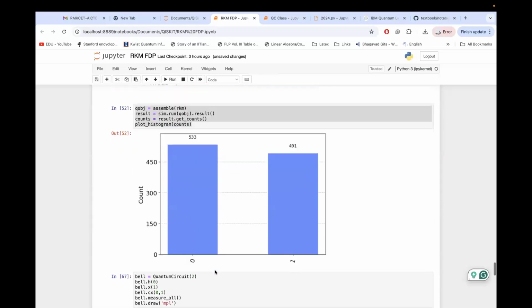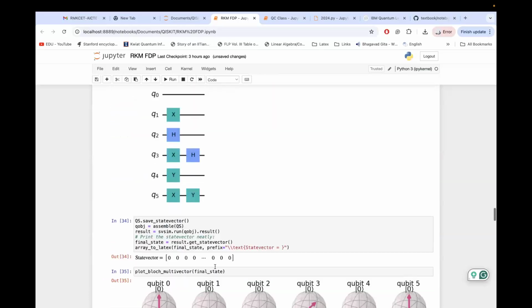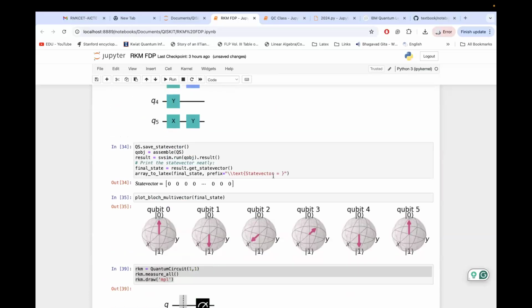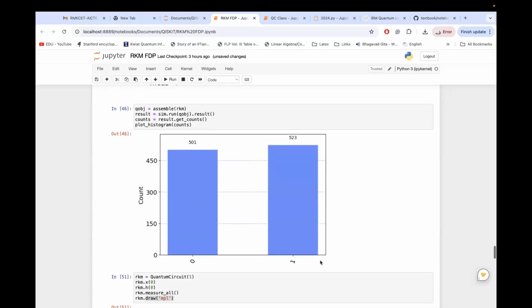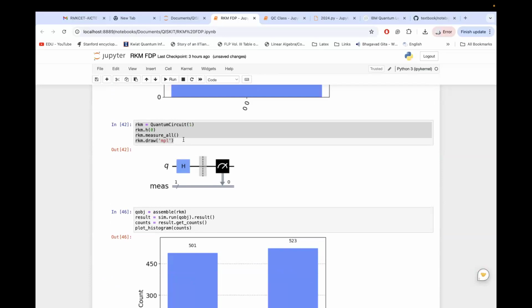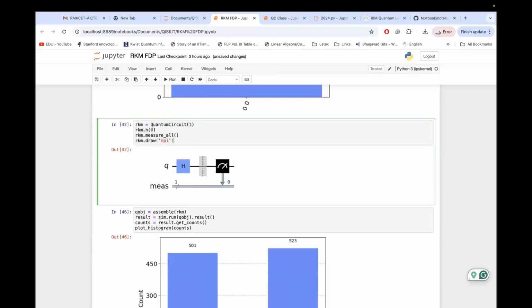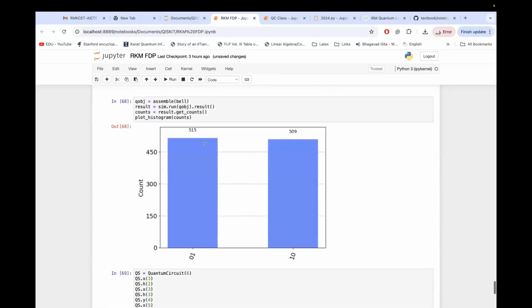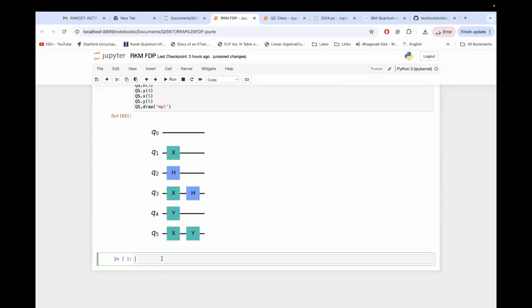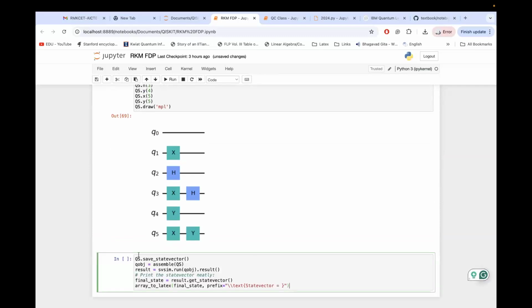So now what can we do? We can measure the system and find out what the states are. If you want to print the state, we can use this command. For example, for our old circuit, this simplest case, we can even print the state of the system.